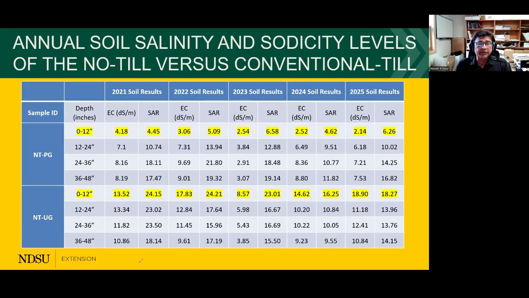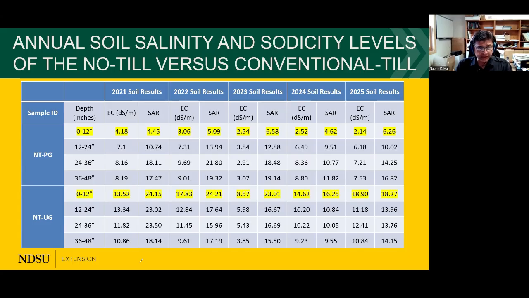I like to see that number at 3 or less. So look at the productive ground EC, which is 4.18 saturated paste, which is a little bit high for sensitive crops, but SAR, you could see that in most years it's been 5 or less, except in 2023 and 2025, when it was a little bit over 6, but it's still not too bad.